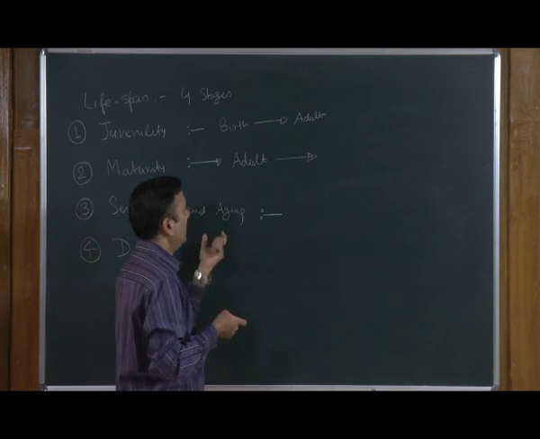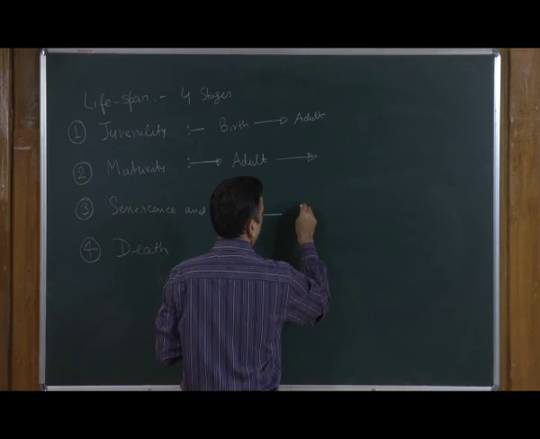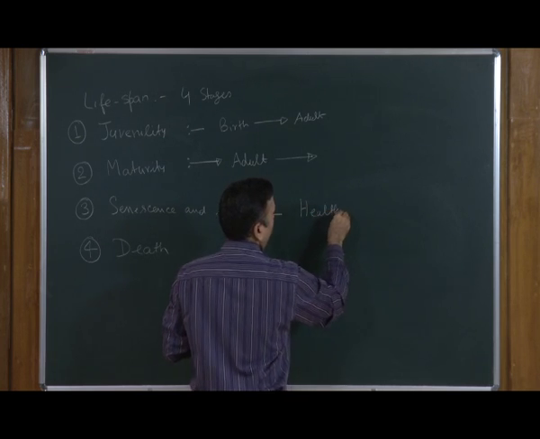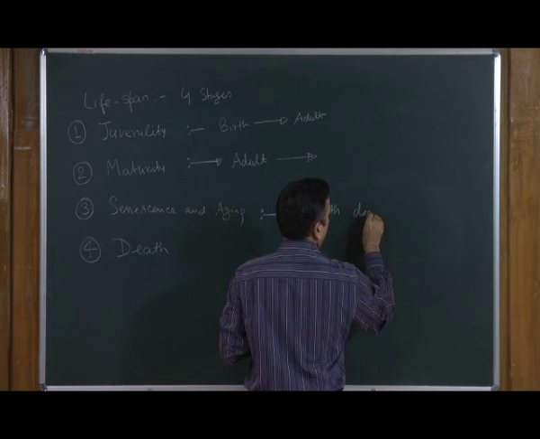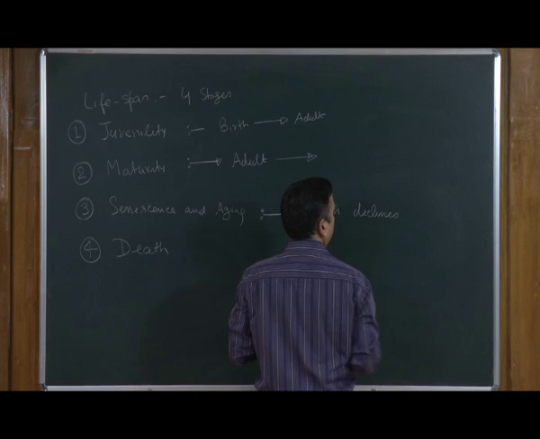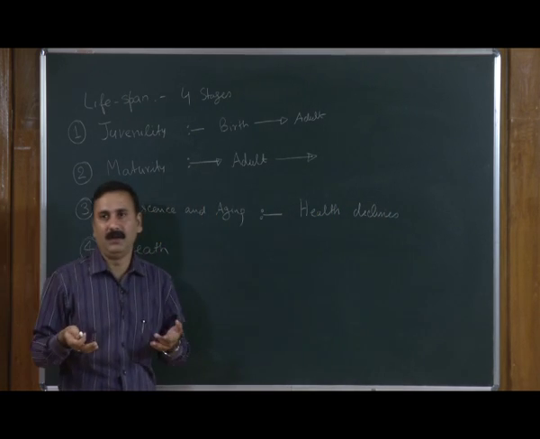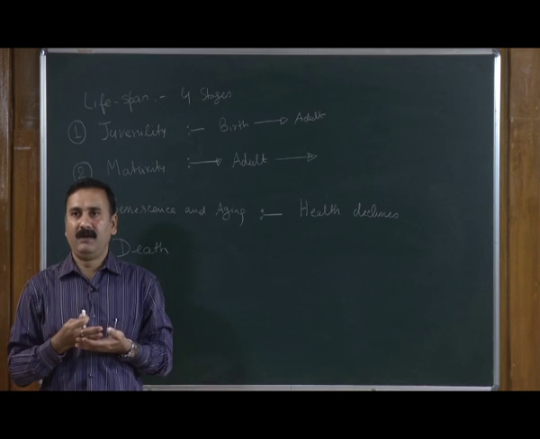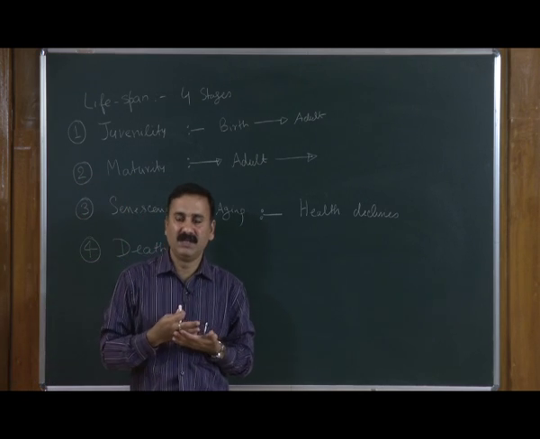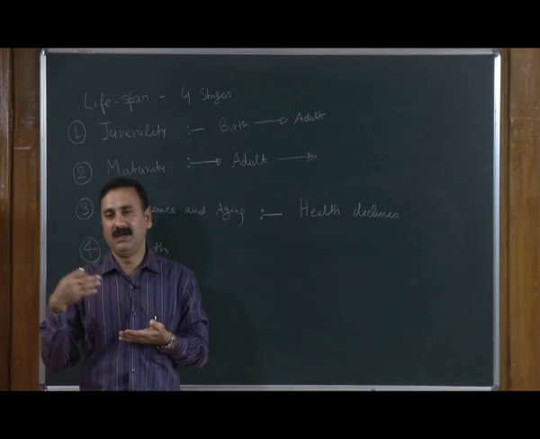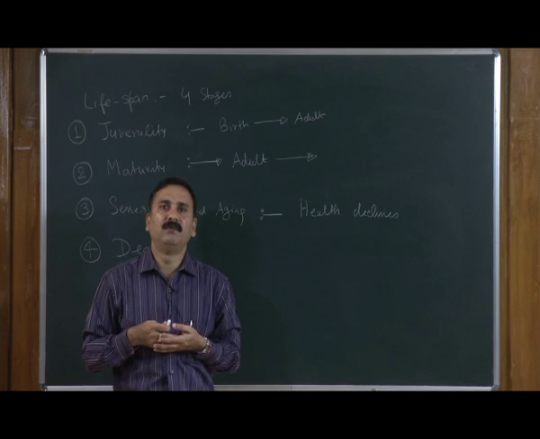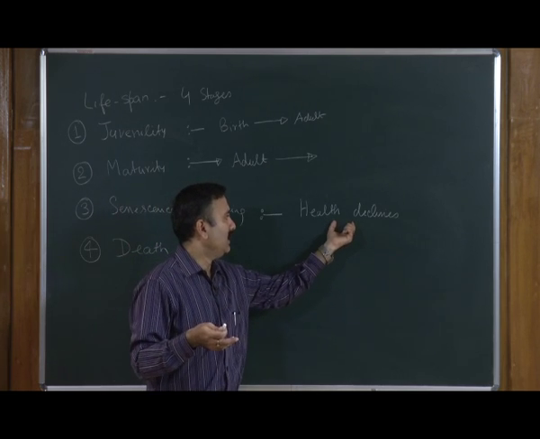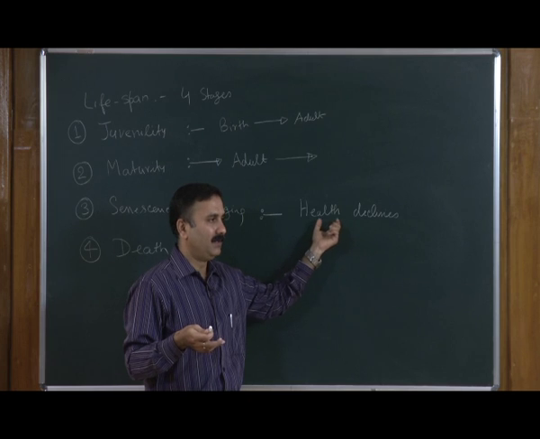So, this is the phase where health declines, and the adult individual fights with these kinds of changes in the body against the environmental or other kinds of stresses due to diseases, and as a result it becomes very weak.